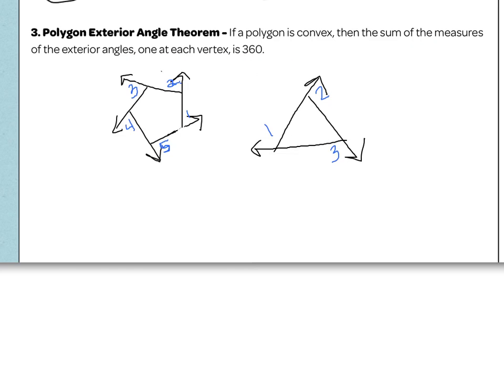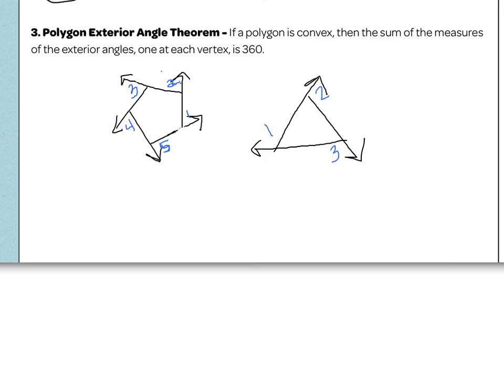So in essence, no matter if you're dealing with this figure here that has 5 sides or this figure that has 3, the exterior angles will add up to 360. Here, angle 1, angle 2, and angle 3 add up to 360, and here angle 1 through angle 5, which are also exterior angles, will all add up to 360.